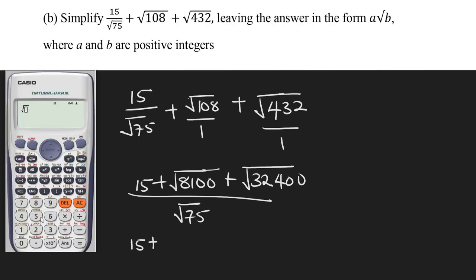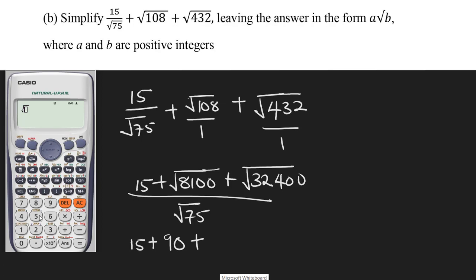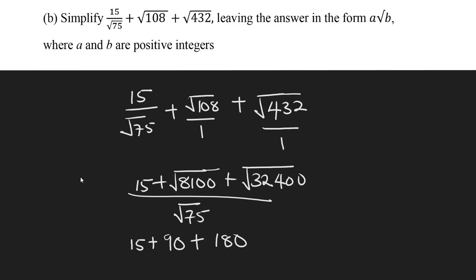The square root of 8100 is 90. Good. So we have 90 plus the square root of 32,400. The square root of 32,400 is equal to 180.